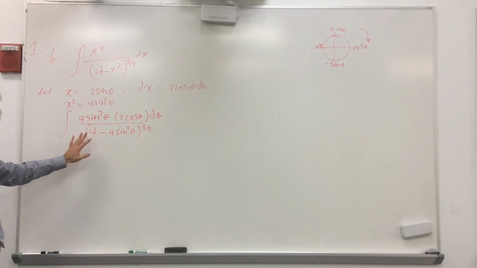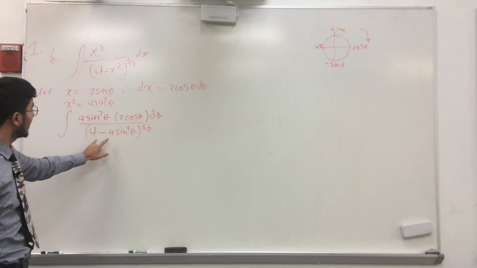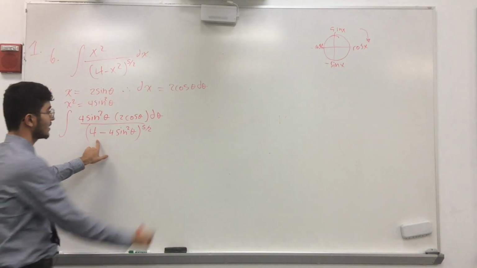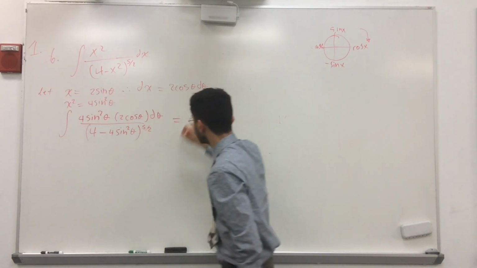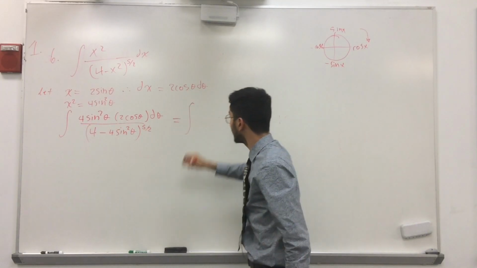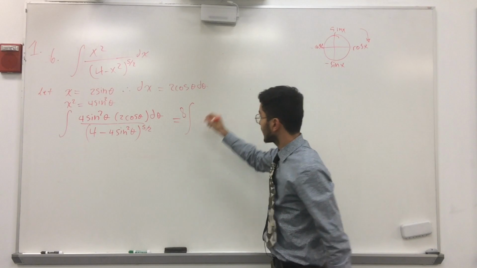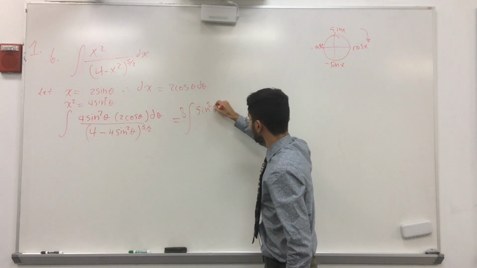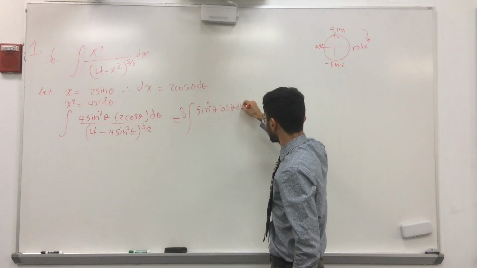Okay, so this is going to be simplified very nicely. We're going to factor out the 4 times 2, which is 8, outside of the integral. And then we have sine squared of theta, cosine theta, d theta.